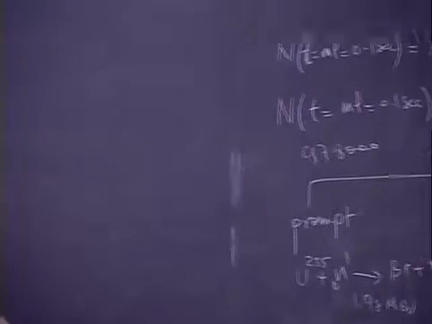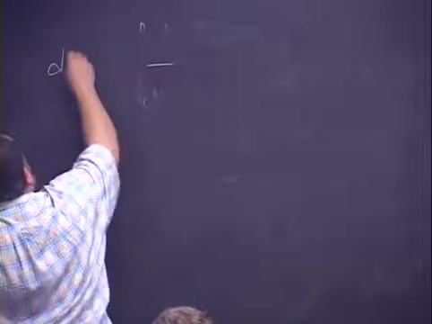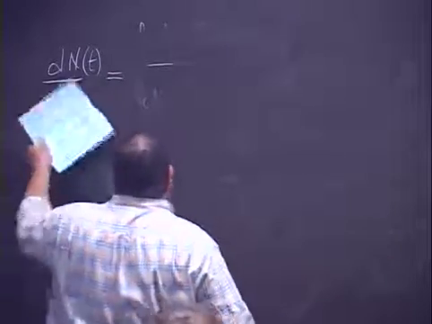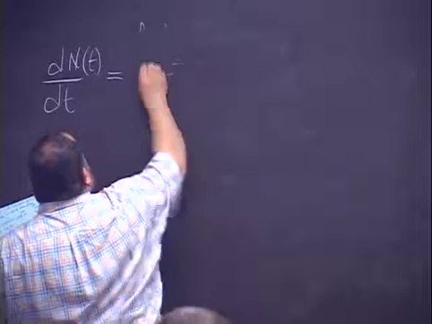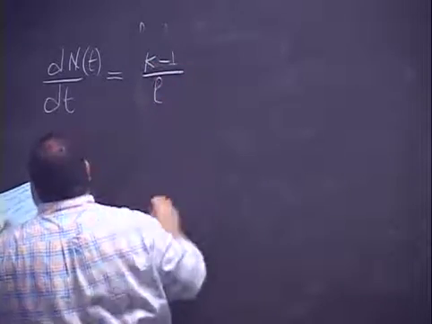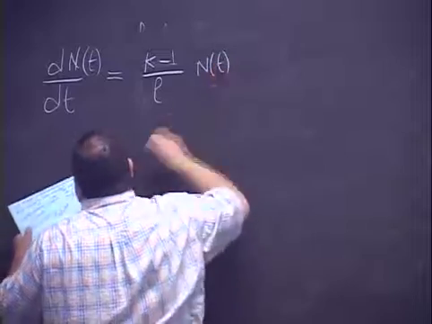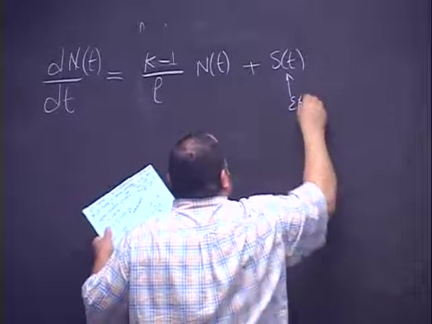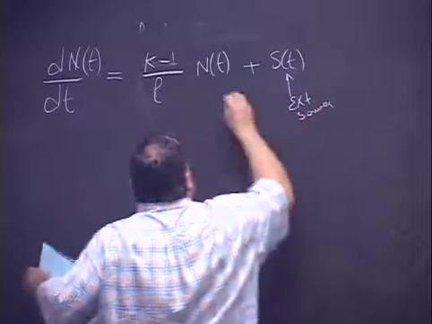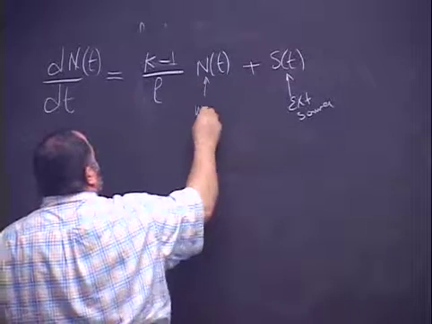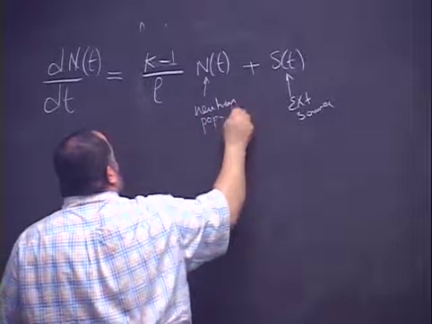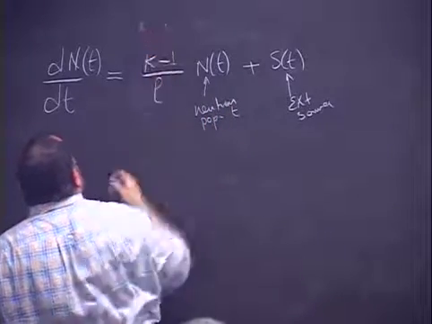So let's assume this is the formula that will govern the time rate of change of the neutron population. dN/dt is just (k minus 1) over L multiplied by n of t, plus S of t, where S is the external source, and n of t is the neutron population at time t, k is the multiplication factor, and L is the lifetime.